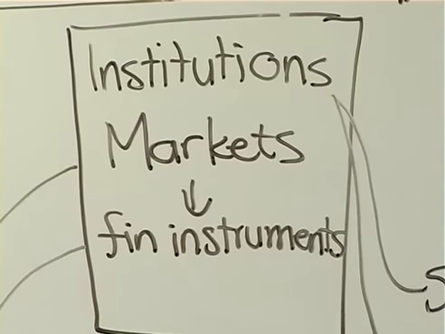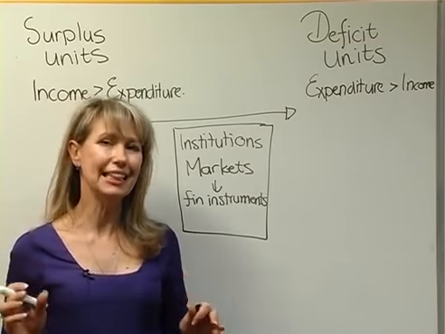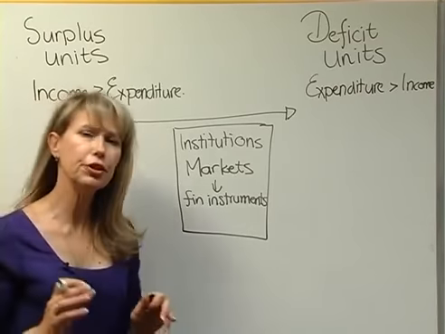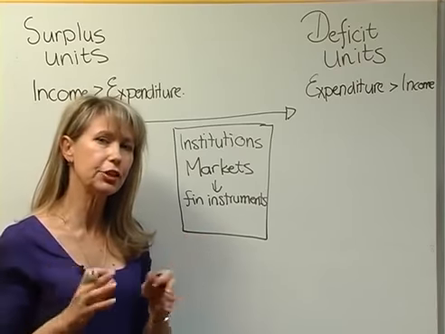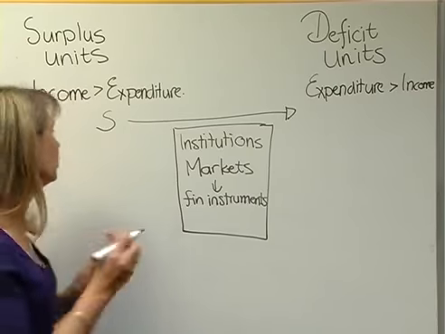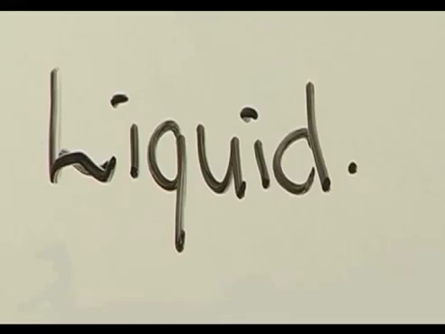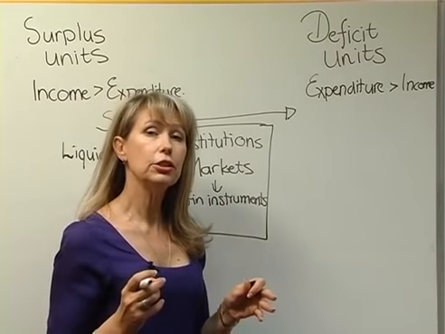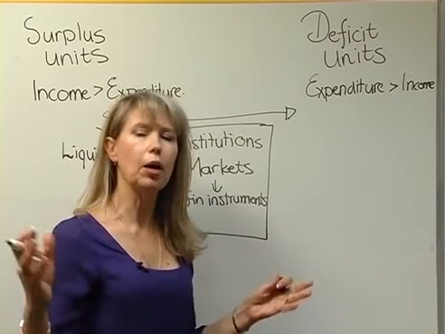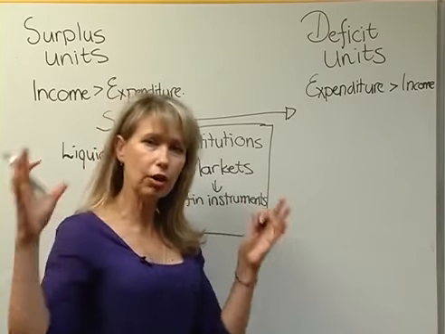The problem with deficit and surplus units is that they have different needs. A surplus unit, if you have extra savings, if you have funds that you've saved, you want to know that you have access to those funds. We say that you want your funds to be liquid. The deficit units, on the other hand, will usually want to borrow funds for quite a long time. Let's say it's a mine and the mine is erecting a new shaft somewhere.